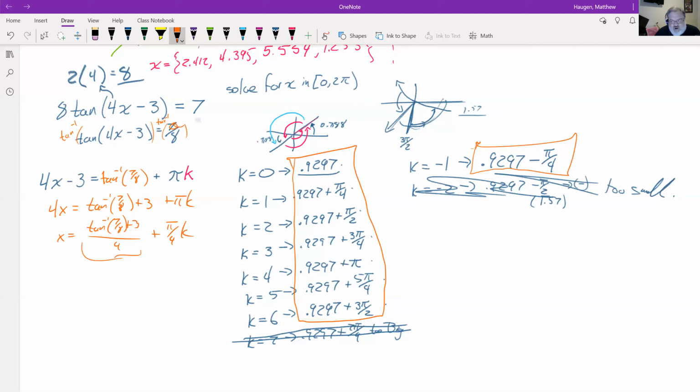Hopefully your 7.3 homework is either done or almost done. We talked through all the different types of problems for the angle sum and difference formula.